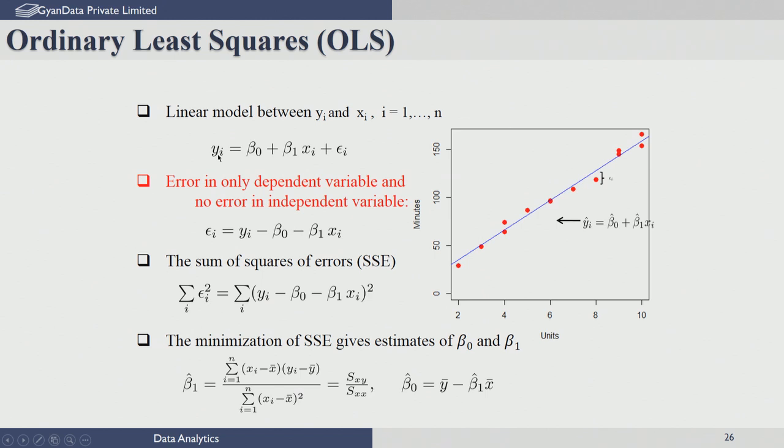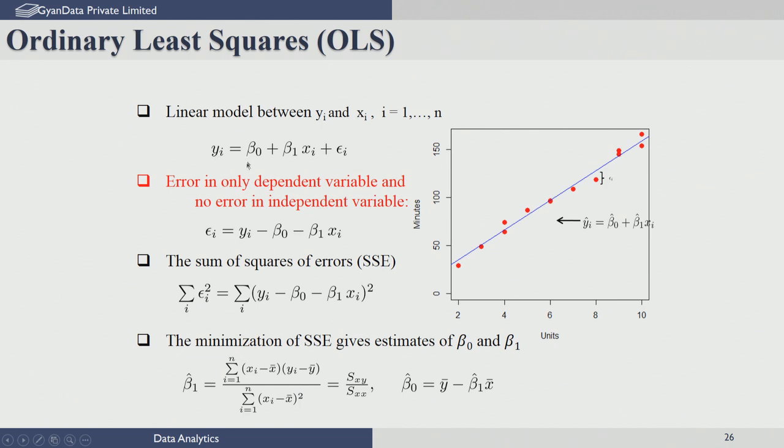Every data point, whether it is time or units in the previous case, which we have taken as the dependent variable, can be written in terms of the independent variable as beta naught, a constant called the intercept term, plus beta 1 times xi, where beta 1 represents what we call the slope. So, beta 1 tells you how a change in xi affects the response variable y.